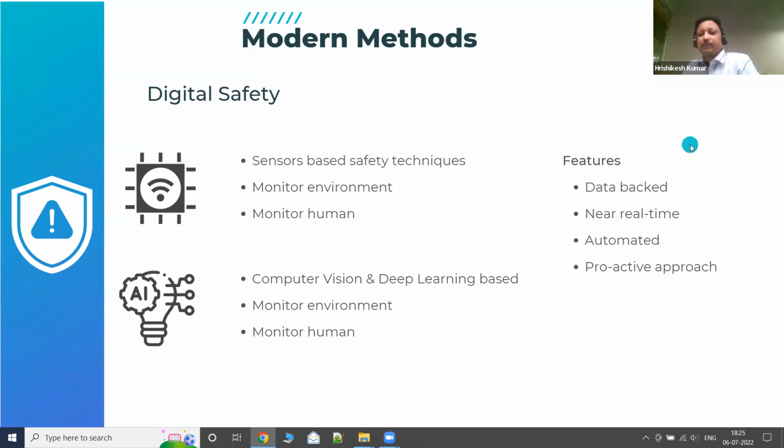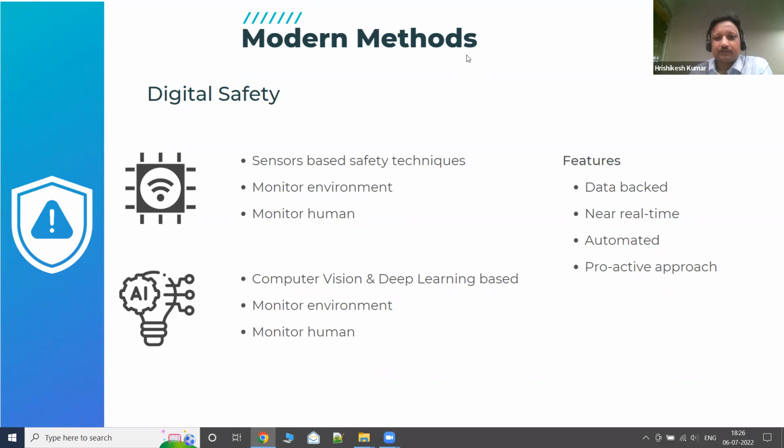So the important part about the new methodology is, first of all, it's data backed. So it's not a subjective one. You have the data and anyone can see and review why this thing is problematic, why this condition is not safe for the worker, why this might lead to injuries. And more or less it's near real time.